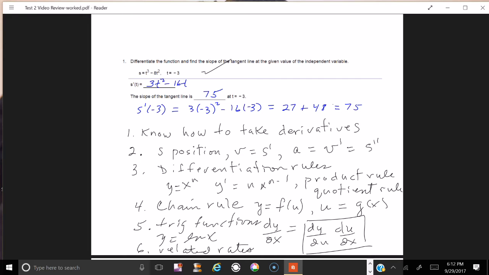Using our very first rule, we get s prime is equal to 3t squared minus 16t, and then we evaluate it at the point minus 3 and plug in minus 3. So we have 3 times minus 3 squared minus 16 times minus 3. Do the arithmetic and we get 75.